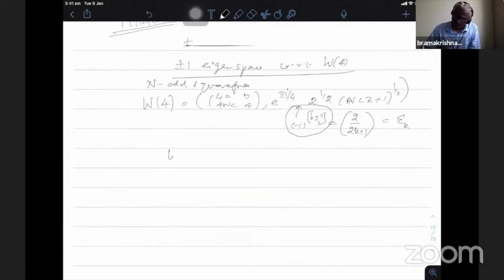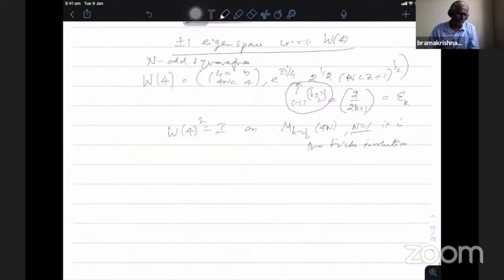So note that W4 squared acts as identity on M_{k+1/2}, for n odd. Some things are true for odd n, and when you talk about uniform theory and some other properties, they are true only for odd and square free. And then this is the Fricke involution. So this is on this, and when n equal to 1, it is the Fricke involution, the matrix 0, minus 1, 4, 0.